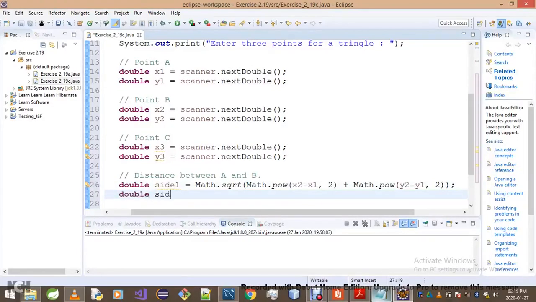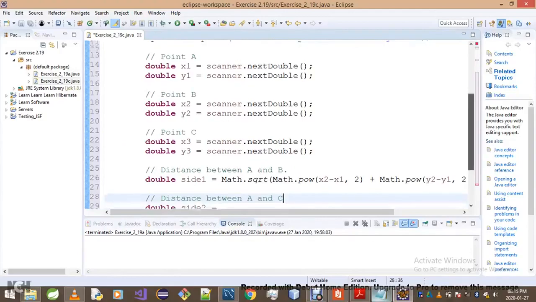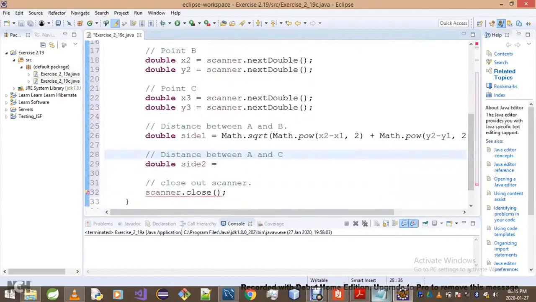Double side 2. Let me try to have a space so that I will comment this out and simply say distance between A and C. It doesn't matter though, you can make side 2 the distance between B and C, or A and C, whichever one, it will work.